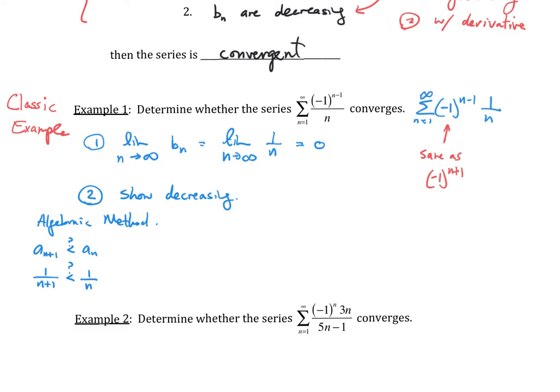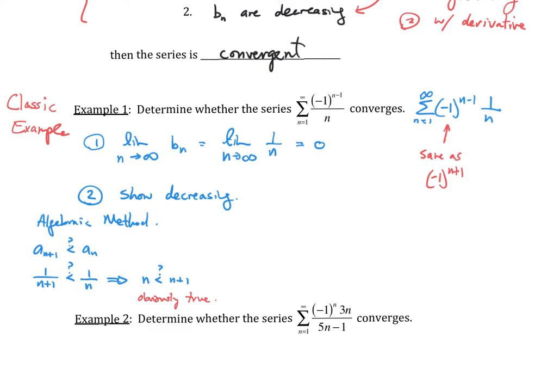And what we could do is multiply both sides by n, and then both sides by n plus 1, and we realize that's the same thing as saying, is n less than n plus 1? Well, this is obviously true, right? n plus 1 is obviously bigger than n. I would even say, just looking at the first fraction, 1 over n plus 1 is obviously less than 1 over n because the denominator n plus 1 is bigger than the denominator n.